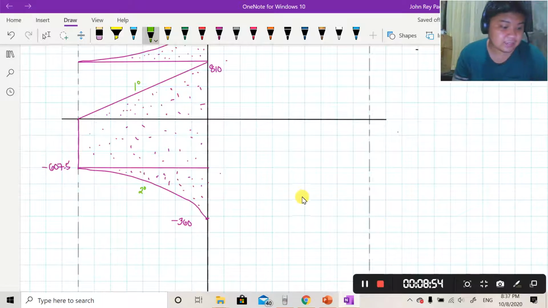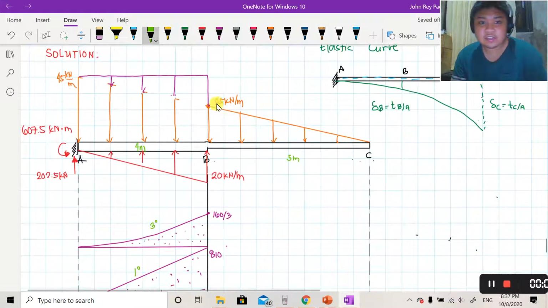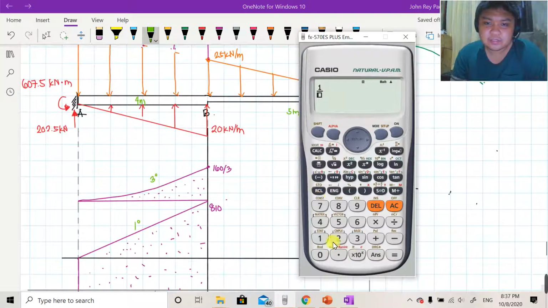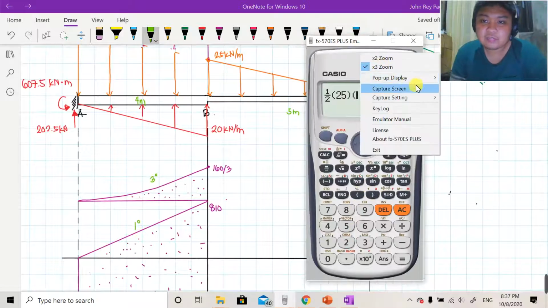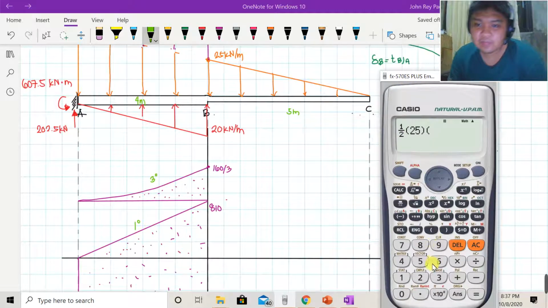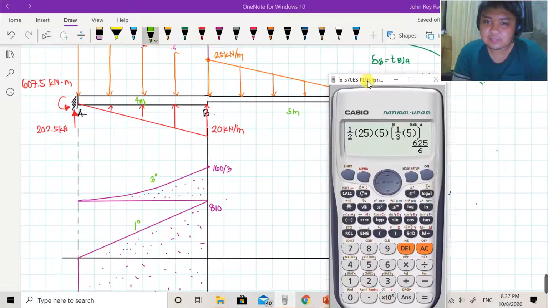Ang huli natin, class, na kailangan i-drawing is itong nasa kanan naman ng B, which is ang 25 kilonewton per meter. So, 1/2, negative 'yan dahil pababa. 1/2 ng 25 times 5, tapos that must be 1/3 of 5. Ang sagot natin ay 625 over 6.